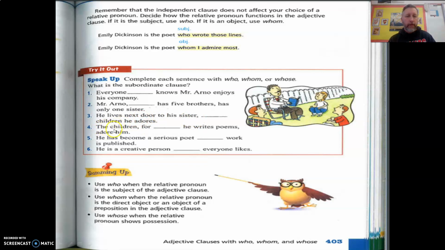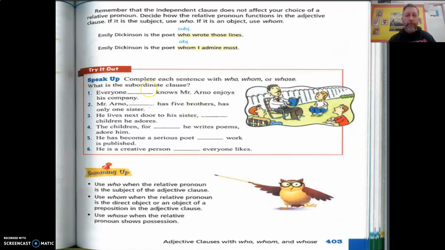Number 4. The children for blank he writes poems adore him. So here's the blank. Let's look at the word after the blank. It's a subject. So we need the word whom right here. Otherwise we'd have who, which is a subject, and then he, which is a subject, right next to each other. But let's do the hearing test.